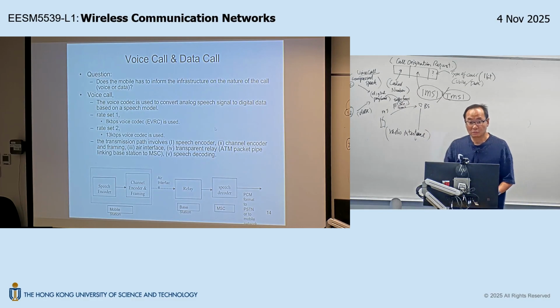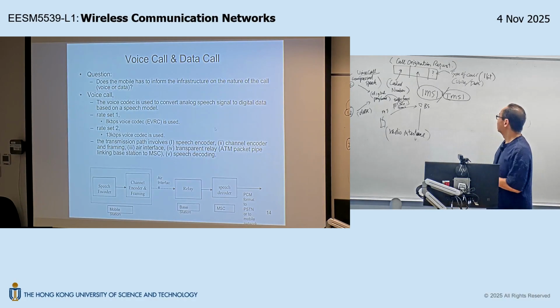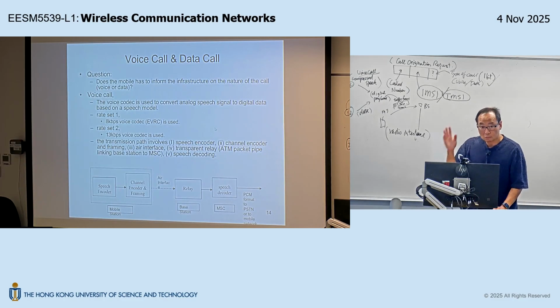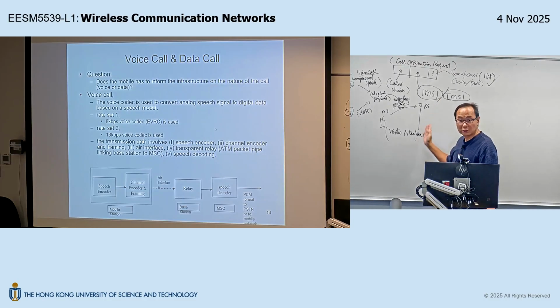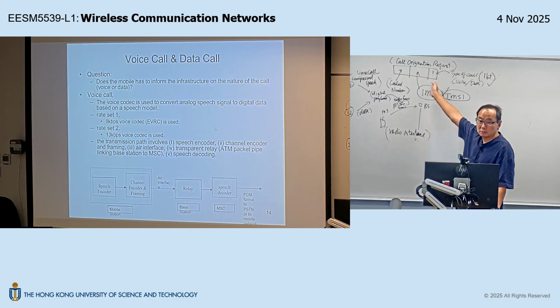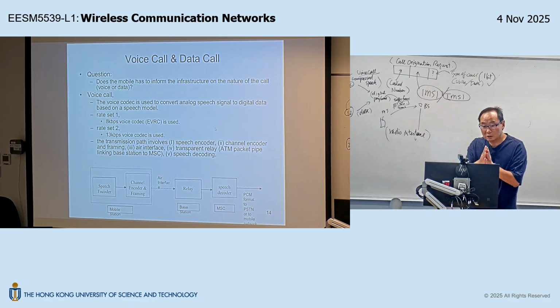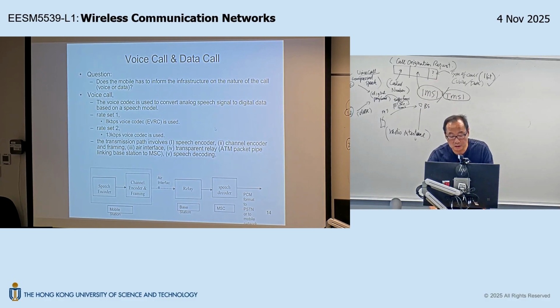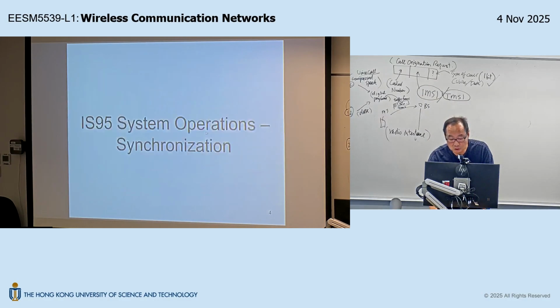The fact is, base station really doesn't need to know. But you still need to indicate the type of call in the request message. This is because the base station is not the destination for this call request message. The infrastructure is more than just the base station, as I showed you initially here.